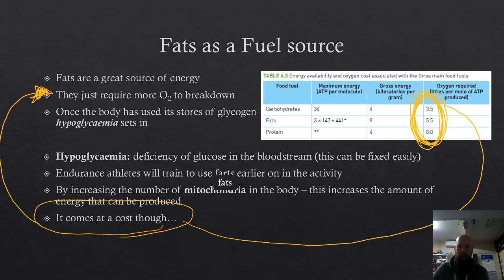They can produce more, but if you see there, the oxygen required in liters per mole of ATP produced, it requires 5.5 liters of oxygen to break down the molecule of fat, whereas it only requires 3.5 liters of oxygen to break down the glucose.